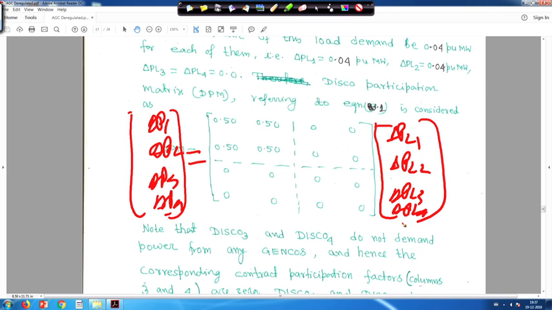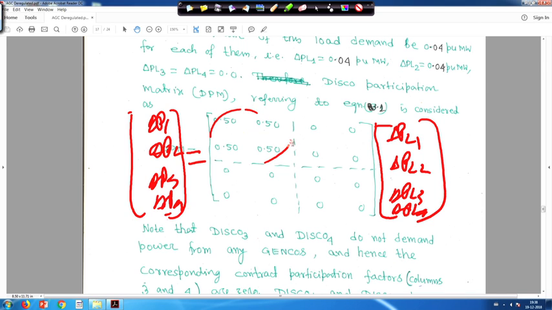So, this is given. That means delta P1 will be 0.5 into delta PL1 plus 0.5 into delta PL2, that is these two terms. Similarly, delta P2 will be 0.5 delta PL1 plus 0.5 delta PL2, and delta P3 and P4 will be 0, because the load changes only in distribution companies 1 and 2 in area 1.